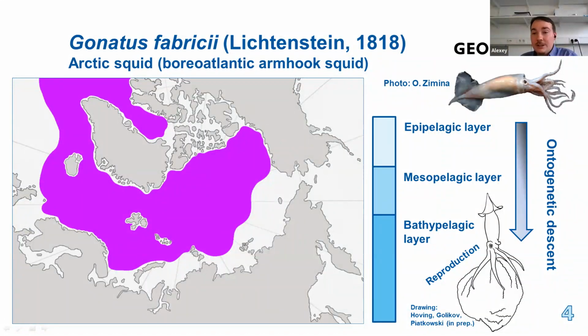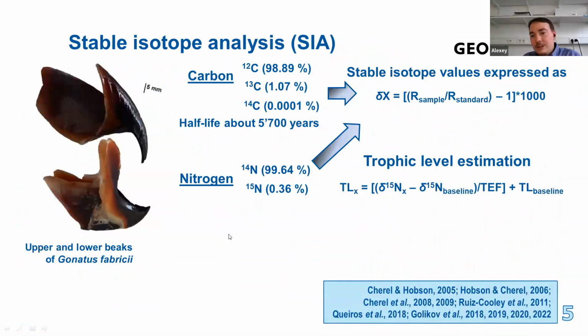And if we apply stable isotopes, we can decipher its life history. And talking of stable isotopes, it's a small methodological thing. I assume not everyone might be working with stable isotopes, and it's worth discussing a little bit. So the most applicable stable isotopes in ecology are carbon, C13, and nitrogen, N15.